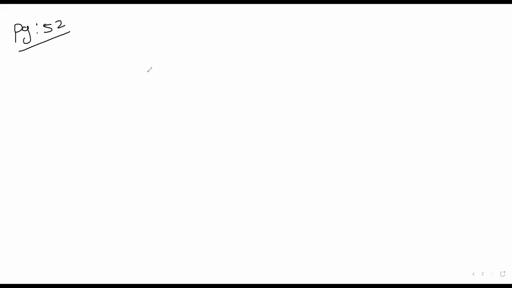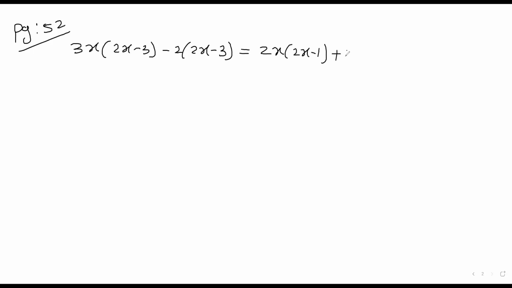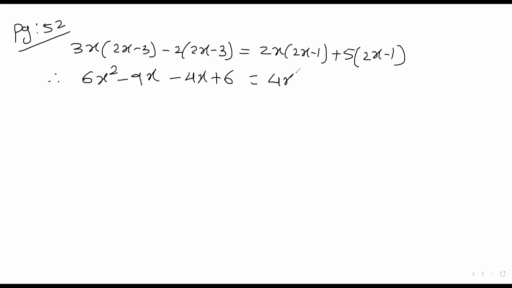So what do you get? 3x into (2x minus 3) minus 2 into (2x minus 3) is equal to 2x into (2x minus 1) plus 5 into (2x minus 1). Open the brackets, you get 6x square minus 9x minus 4x plus 6 is equal to 4x square minus 2x plus 10x minus 5.